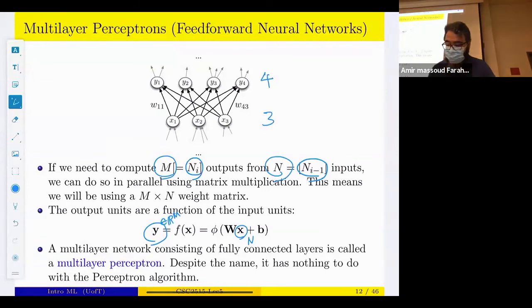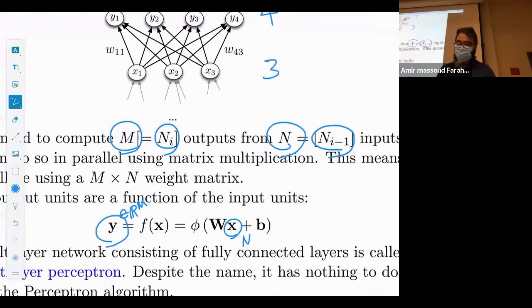Then this matrix W can be written as a matrix which is m by n, that takes the inputs, does the computation, and generates m-dimensional outputs.